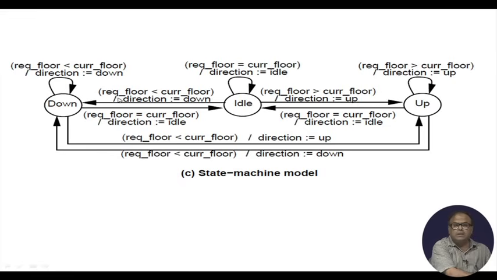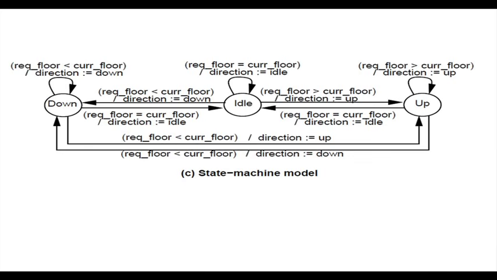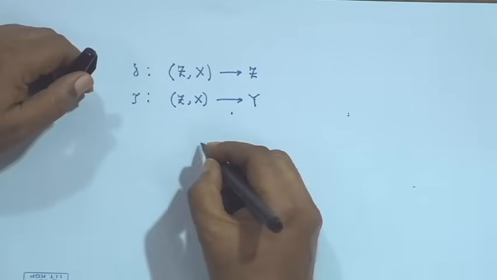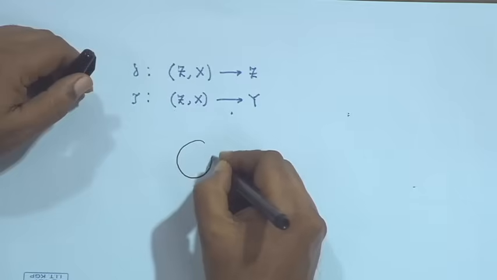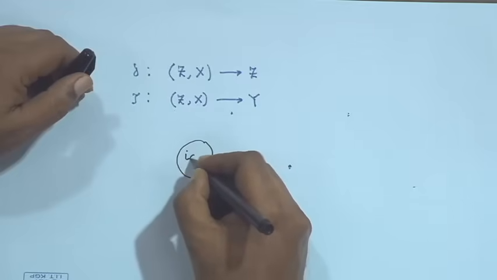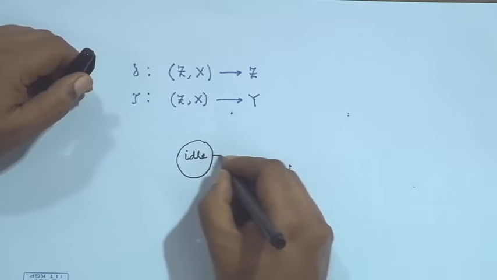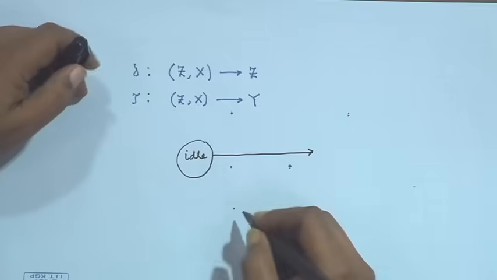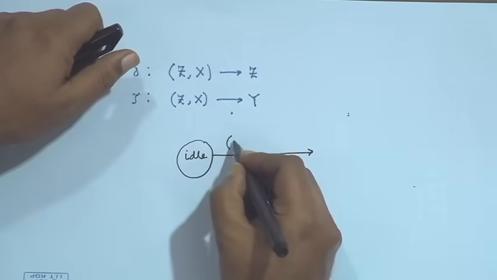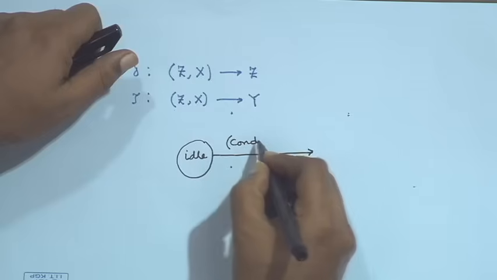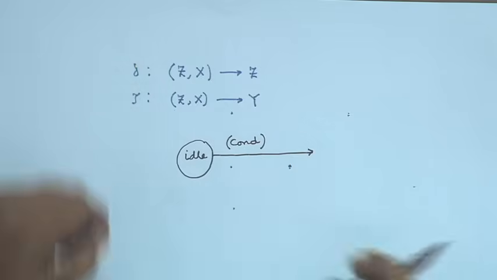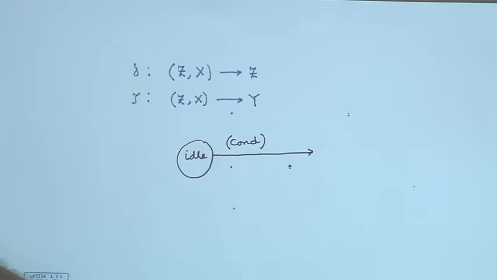Now, look at this particular hash here. What are the things that we are showing in this diagram? One is that I am in a particular state, for example, the idle state, and the transition has some condition. The condition is that the requested floor is less than the current floor.